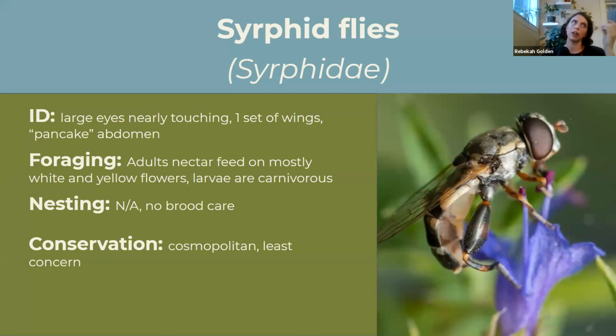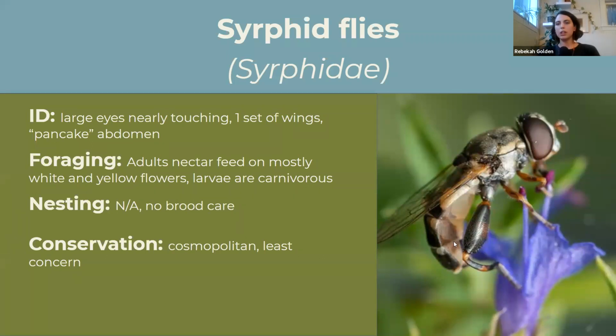And that is just a bit of trickery, or to ward off predators that might think that they could sting them if they try to eat them. But of course, they don't have stingers. And so it's what we call mimicry, or Batesian mimicry.